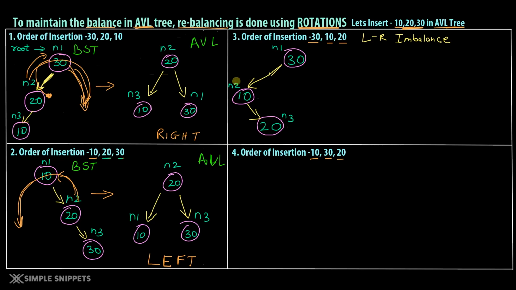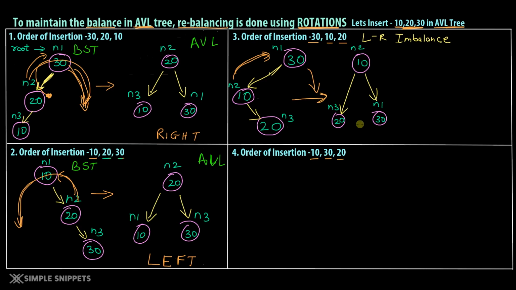In this scenario, can I do a right rotation directly? Can I take N2 and move it towards N1 and get down N1 over here? Let's try that. If I do the right rotation, this is how it is done over here. You can see this was scenario 1. I did a right rotation and after that I'm getting this result.